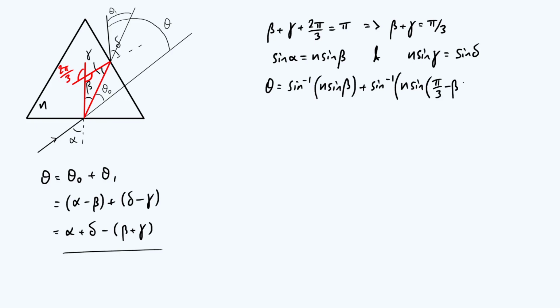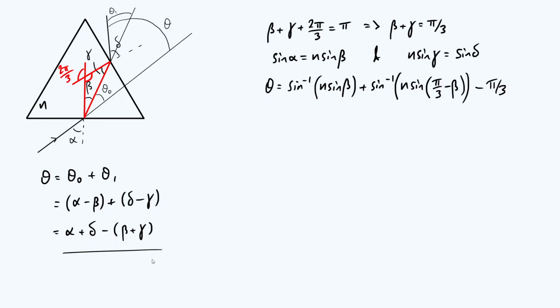And this is essentially the reason why I've chosen to express this in beta, because that allows us to write theta, the overall deflection, as a function of just one other angle, which is beta. Right, so we've got that, and then we've got our minus pi over 3 at the end, which remember came from the beta plus gamma, which we just showed was equal to pi over 3.